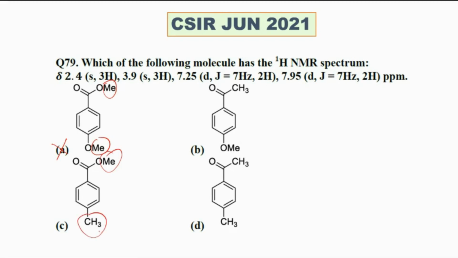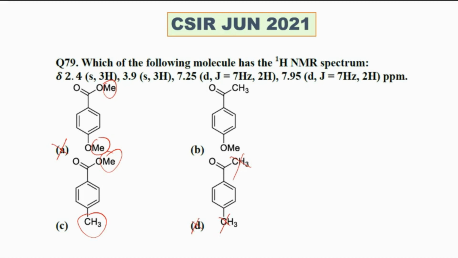So I can take this as 2.4, I can take this as 3.9. எடுத்துக்கலாமா முடியாதா? I can rule out this option. Option D rule out பண்ணிடலாம்.